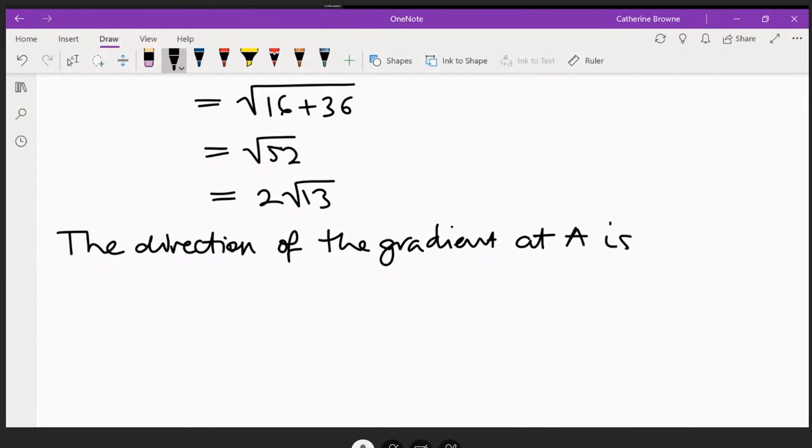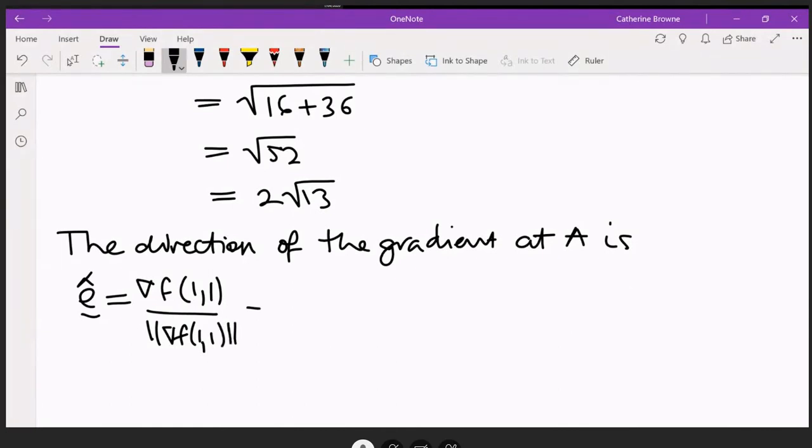And so to find the direction, we're just going to take the vector grad f at (1, 1), and divide it by the magnitude at (1, 1).